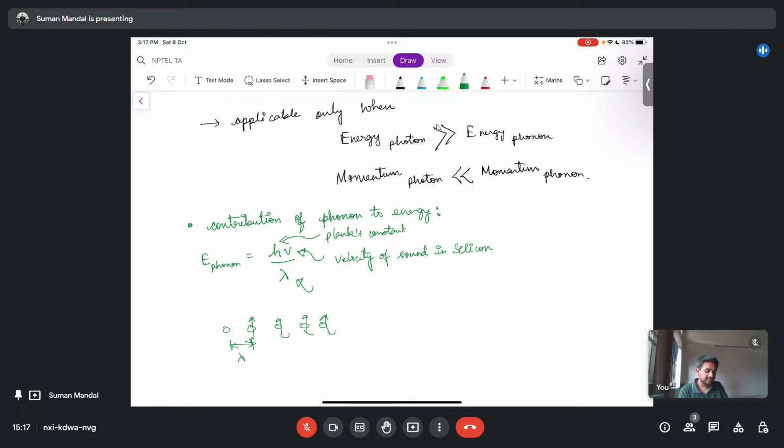This is an assumption. It will obviously be a multiple or a fraction of this. So it's an assumption that it is almost equivalent to the lattice parameter, a. So the exact value doesn't matter. We'll just compare the orders of magnitude difference.